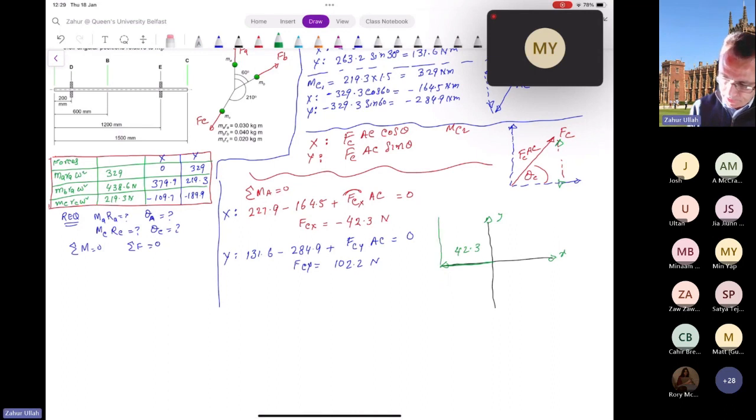It should be going in the upward direction. So 102.2, and then this is your resultant. You can call this, for example, FC, and you can calculate this angle also.